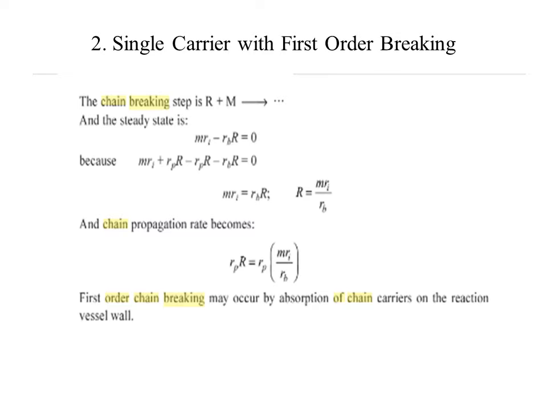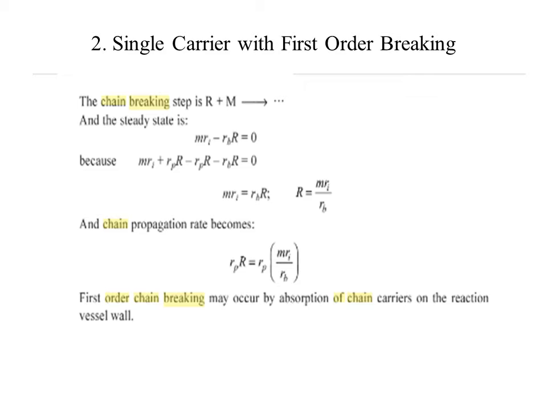Then RpR and RpR will cancel each other, and the equation becomes MRi minus RbR equal to 0, or MRi is equal to Rb into R. From this we can calculate the value of R.